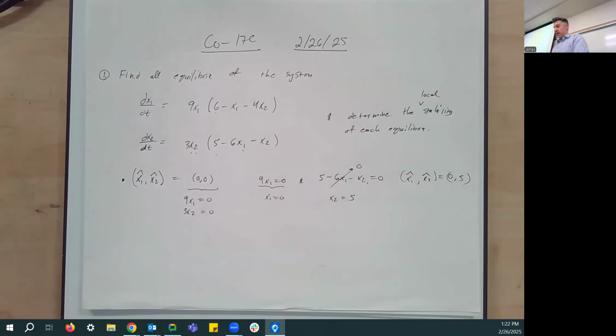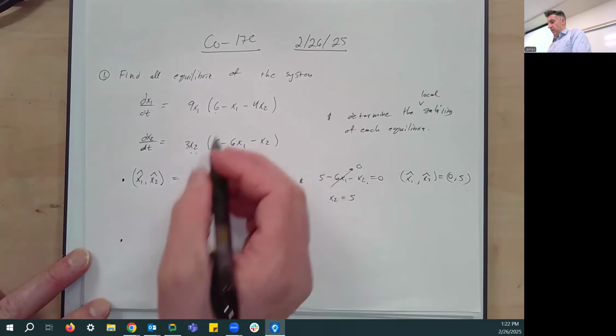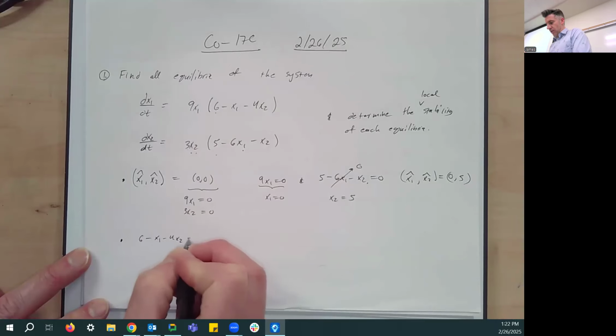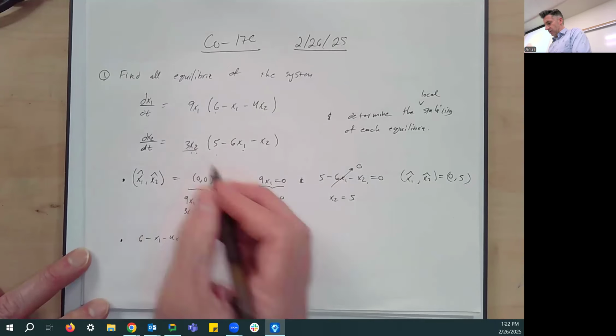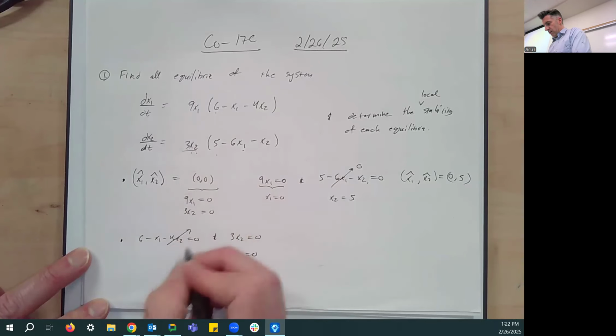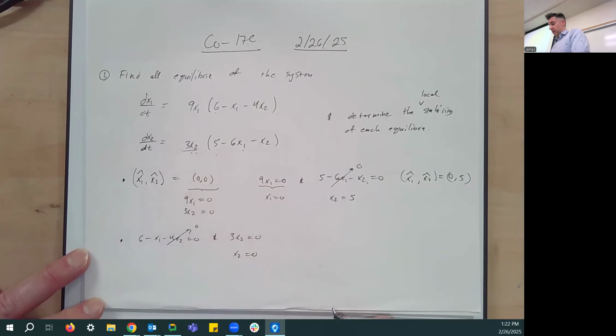We'll get another one by setting this factor equal to 0, 6 minus x1 minus 4x2 equal to 0, and that factor equal to 0, 3x2 equal to 0. We're going to get x2 equal to 0, meaning we're going to get x1 equal to 6.